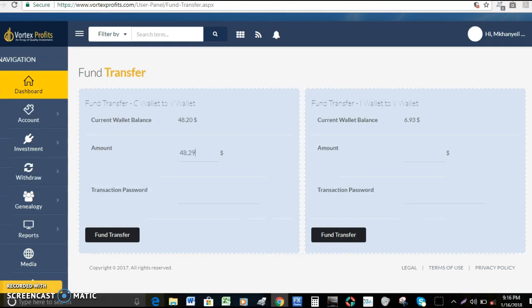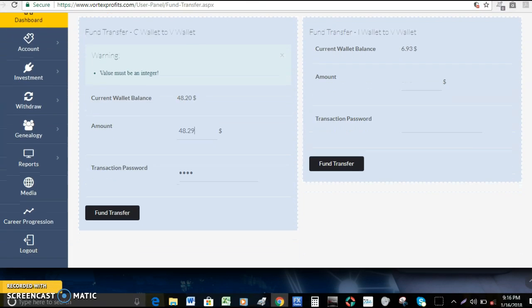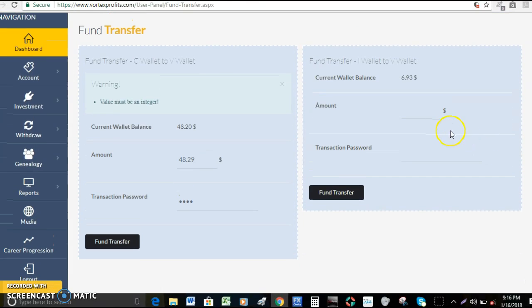So now we go back and we make a transfer. So I put the password there, and then I say transfer funds. Alright, the system is busy thinking. I want to transfer this one also, the 693.